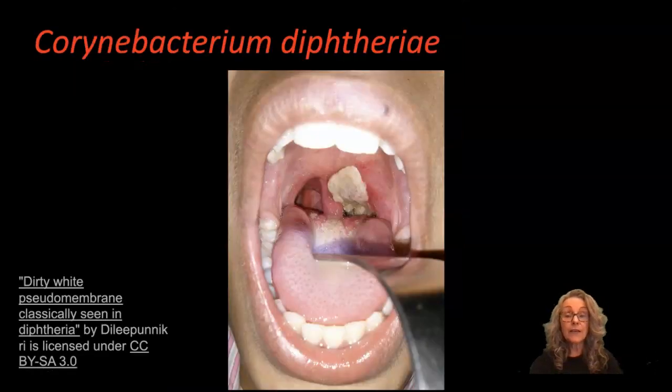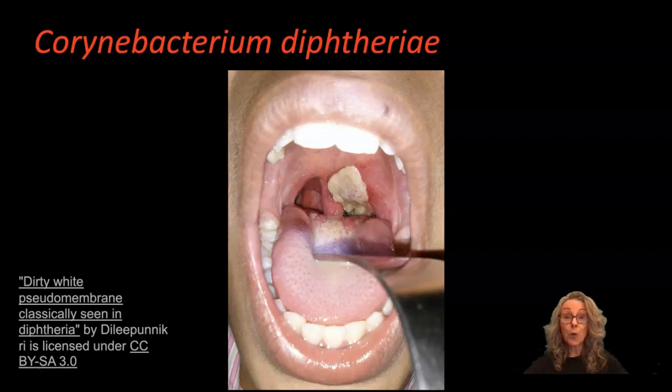Another disease of the upper respiratory tract is diphtheria, produced by Corynebacterium diphtheriae. This is a gram-positive bacteria that is transmitted in airborne droplets. It can result in sore throat, malaise, swelling of the neck, and this tough grayish membrane forms in the throat due to dead bacteria and dead bacterial cells.